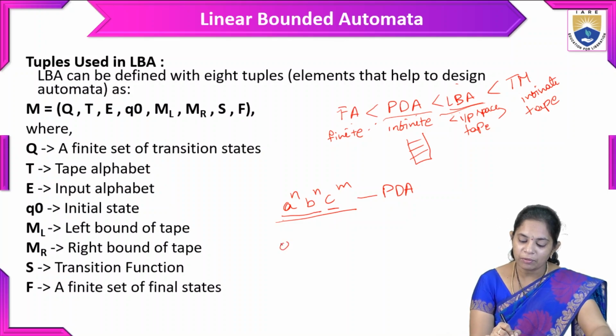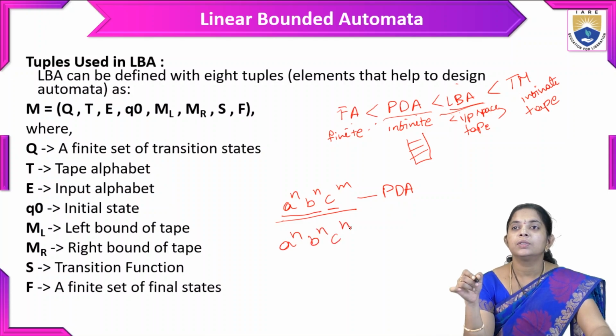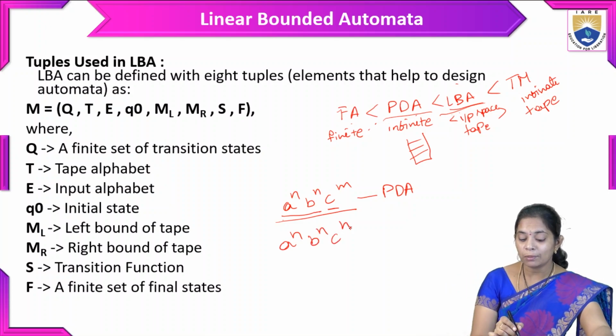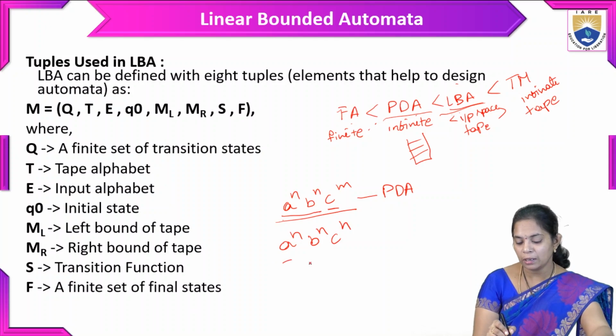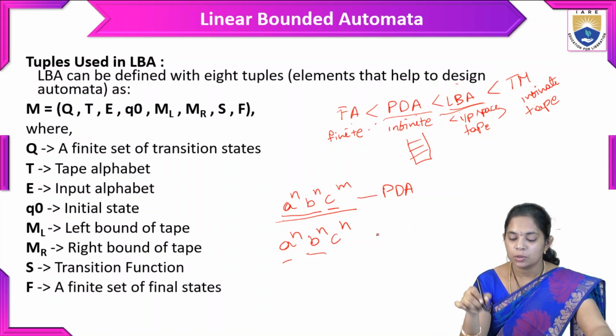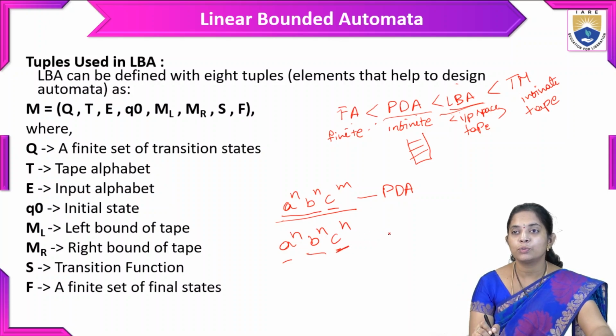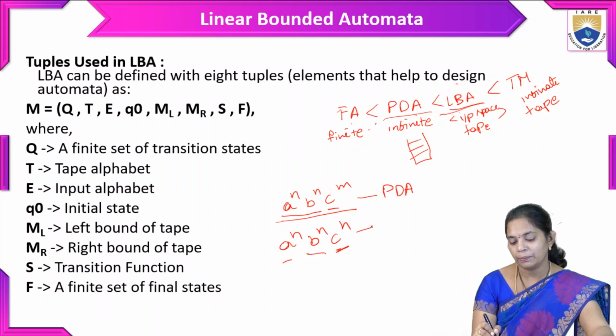But when the language has n number of A's followed by n number of B's and also n number of C's, we can't construct a PDA.